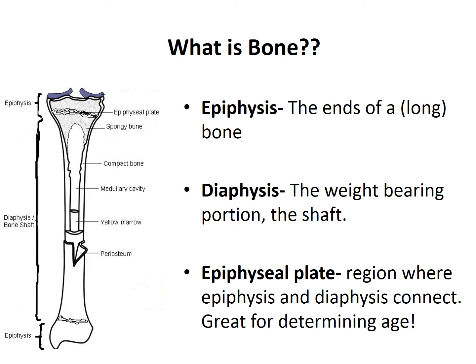The epiphysis is the ends of a long bone, and we'll talk about what long bones are in just a second. The diaphysis is the weight-bearing portion, so the compact bone. And then the epiphyseal plate is where the epiphysis and diaphysis connect, and that's your growth plate.